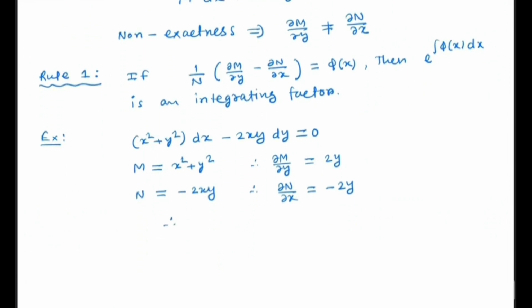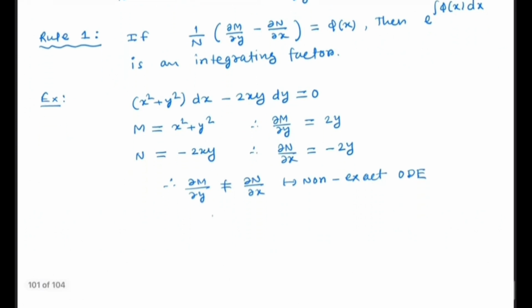So clearly del M/del y is not equal to del N/del x, so it's a non-exact ODE. And what is the difference? Del M/del y minus del N/del x is nothing but 4y.